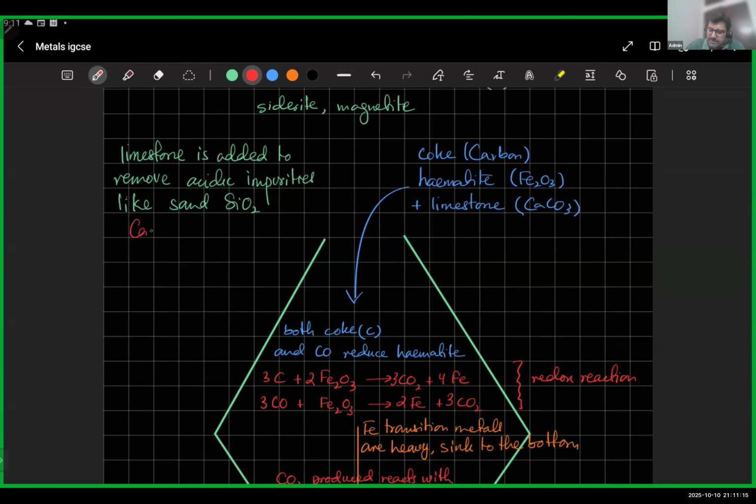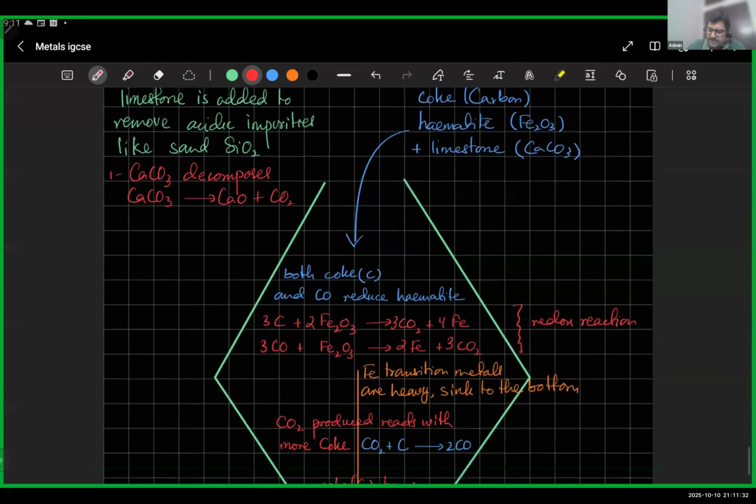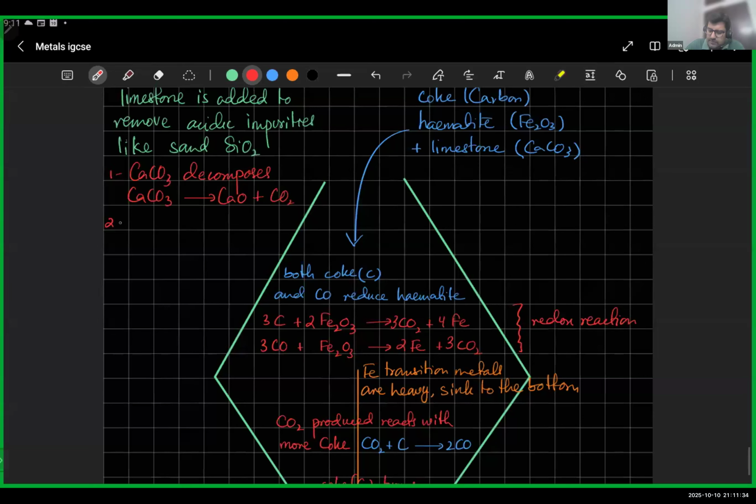First thing, the calcium carbonate decomposes. So step number one is that it decomposes because of the very high temperatures. Carbonates normally tend to break down and they form calcium oxide plus carbon dioxide. Metal oxides are basic. So this calcium oxide will then react with sand, which is acidic.